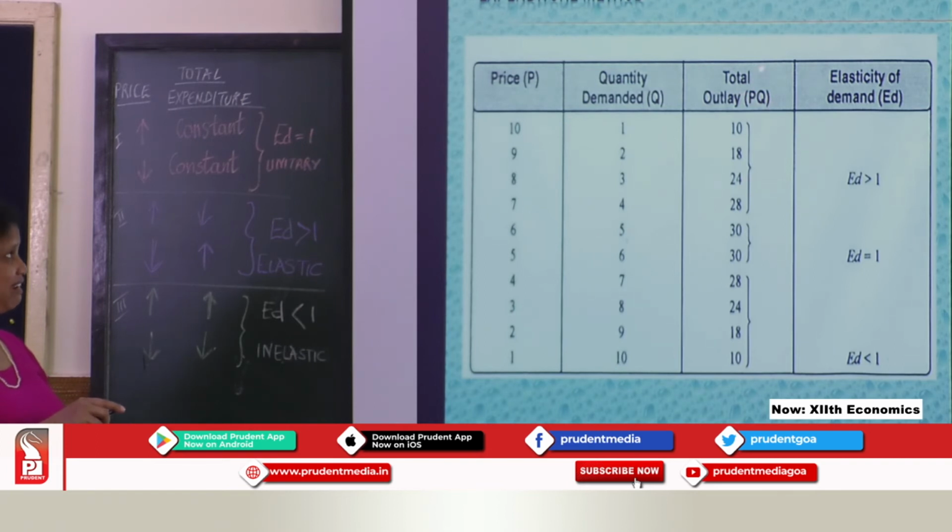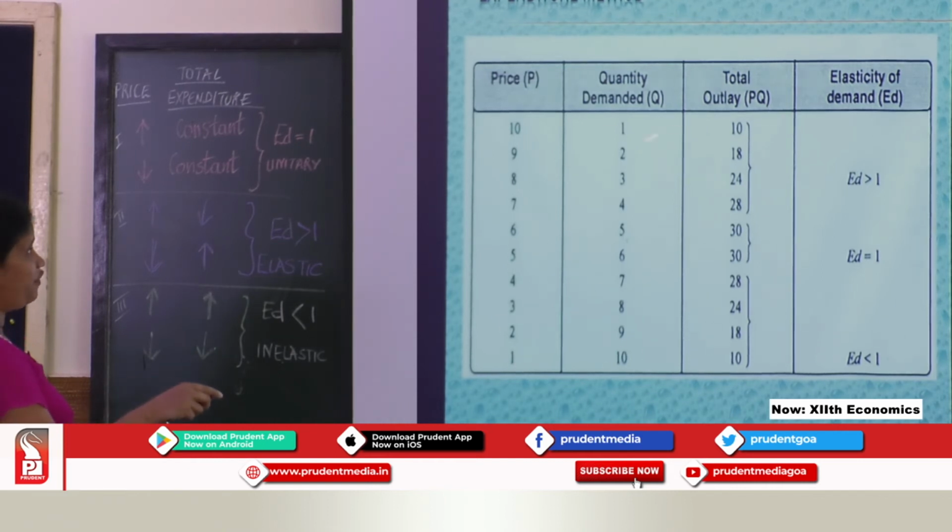I get this column when I multiply these two columns. So, 10 into 1 is 10, 9 into 2 is 18, 8 into 3 is 24, 7 fours are 28, 6. So, in this way this is basically a product of the first and second column.